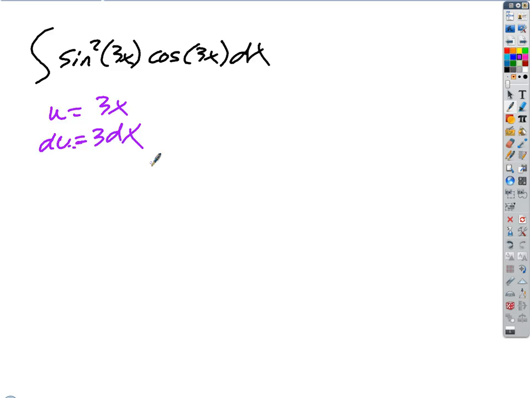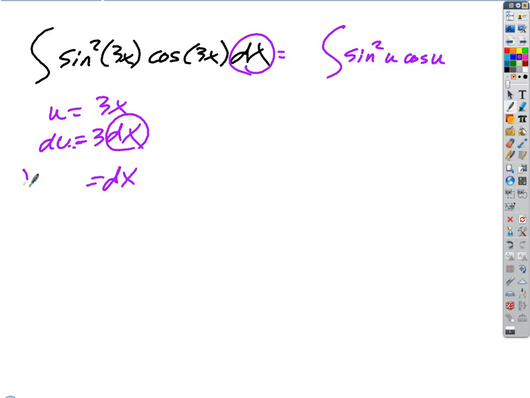Okay, so if we do that substitution then, this looks like the integral of sine squared u cosine u times, all we've got is a dx though, right? So what is that going to become? du over 3.